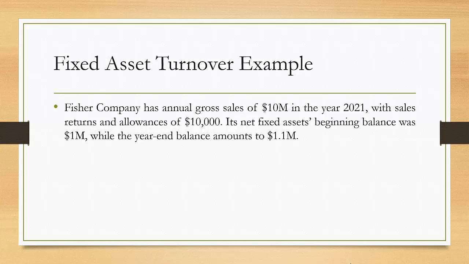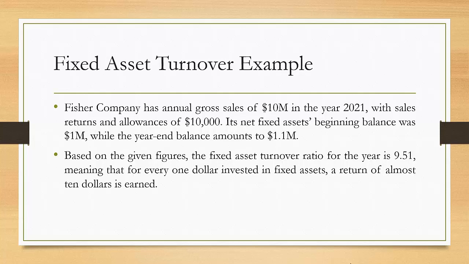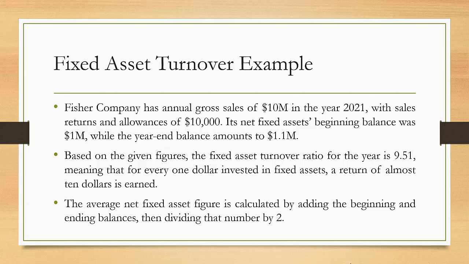Its net fixed assets beginning balance was $1 million while the year-end balance amounts to $1.1 million. So based on the given figures, the fixed asset turnover ratio for the year is 9.51, meaning that for every $1 invested in fixed assets, a return of almost $10 is earned. The average net fixed asset figure is calculated by adding the beginning and ending balances, then dividing that number by 2.